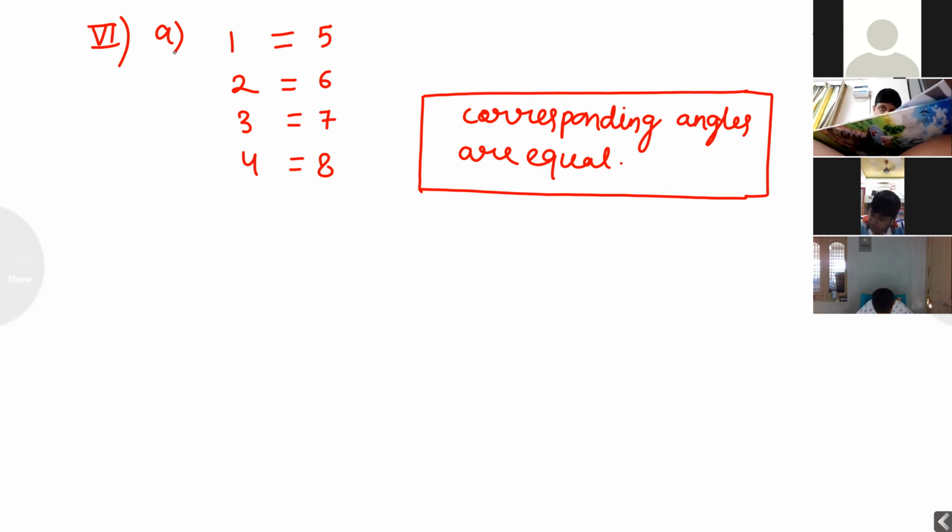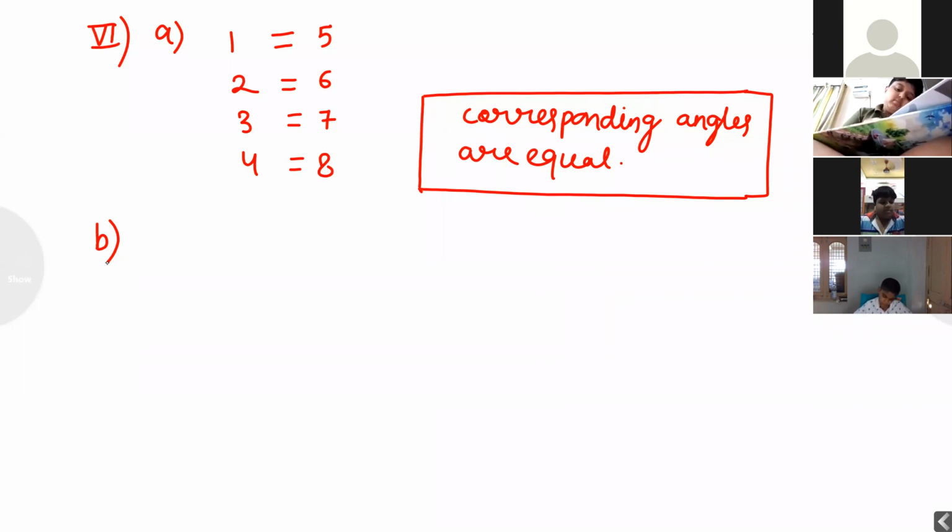B question. Pair of alternate angles of transversal N and L and M. We know alternate interior or exterior angles will be equal.